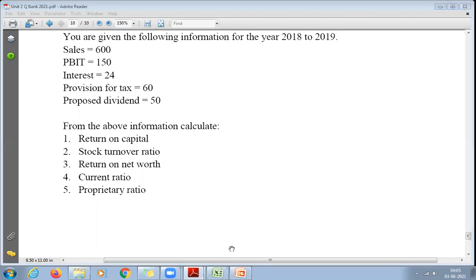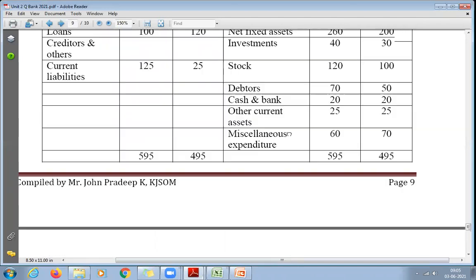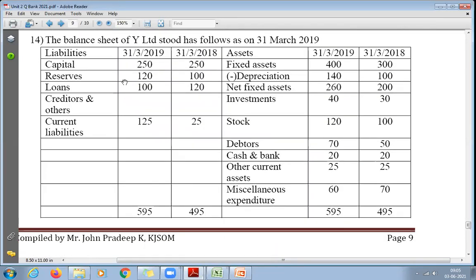So he has given us 2 years balance sheet, assets and liabilities, and he is asking us to calculate. Let us see what is given in balance sheet. First of all, he has given capital, then reserves, then loans, creditors and others, and current liabilities 125.